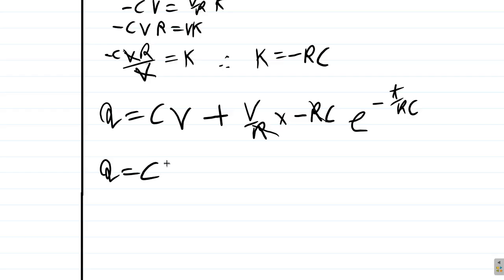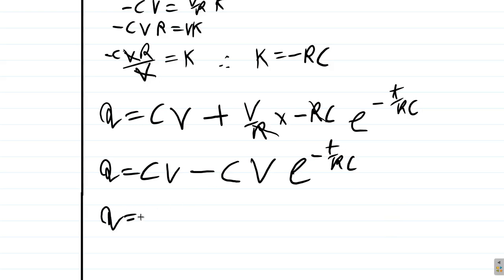So what would you have there now? Q is equal to CV. You have a minus sign here, so might as well just put minus. Minus the C and the V remain. So you have a C and a V here, e to the negative t over RC. And then you factor out CV, so you have Q is equal to CV, open bracket, 1 minus e to the negative t over RC.